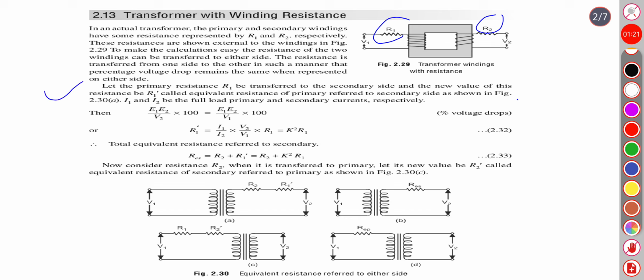Let the primary resistance R1 be transferred to the secondary side, and the new value of this resistance, R1 dash, is called the equivalent resistance of primary referred to the secondary side, as shown in figure A. What we did, we have transferred this R1 to the secondary side.